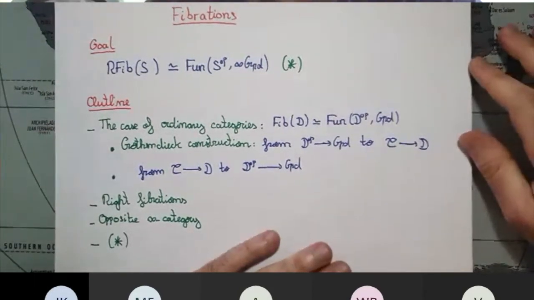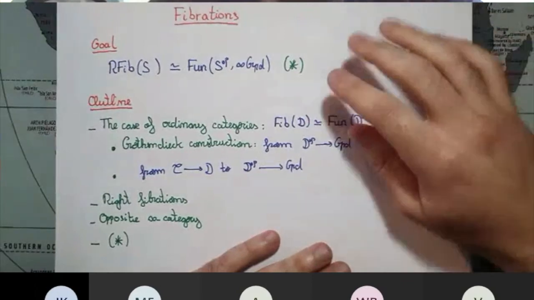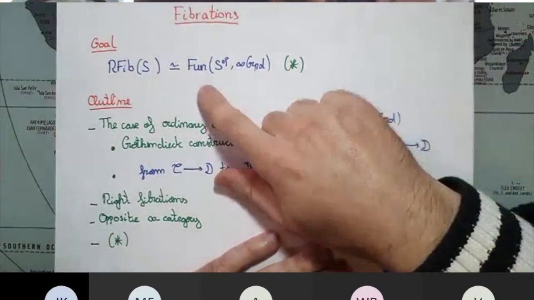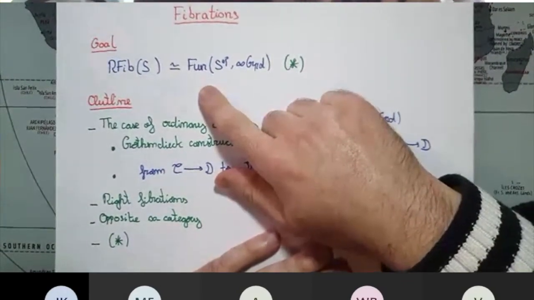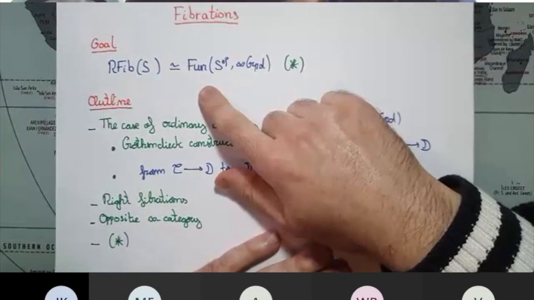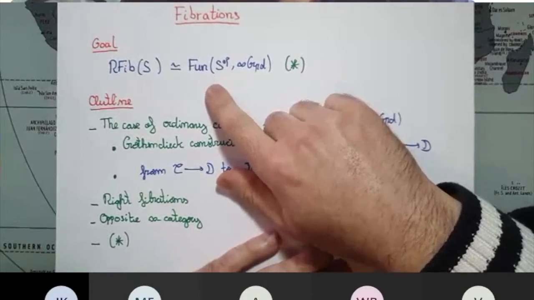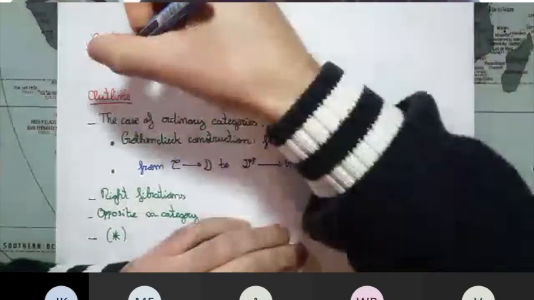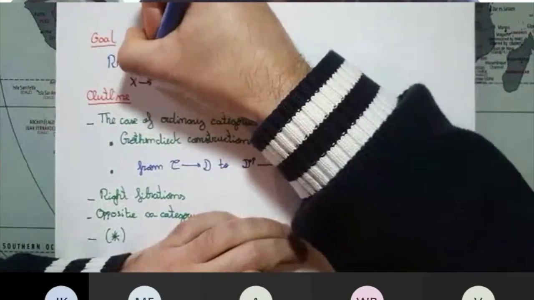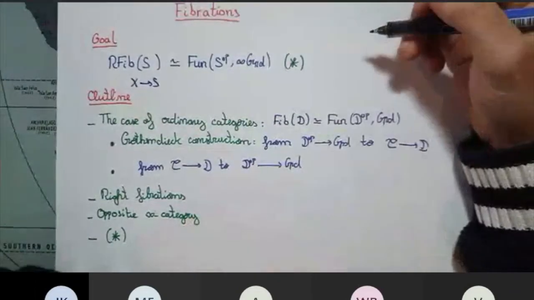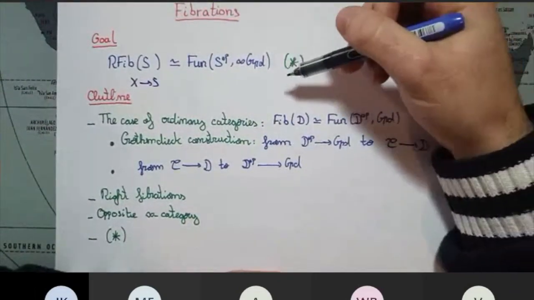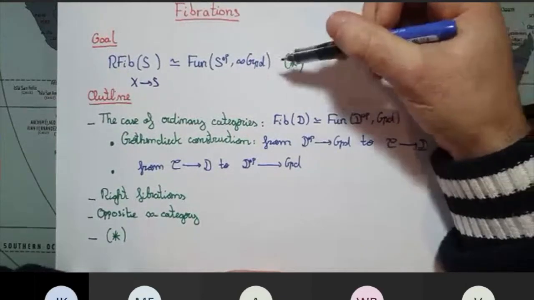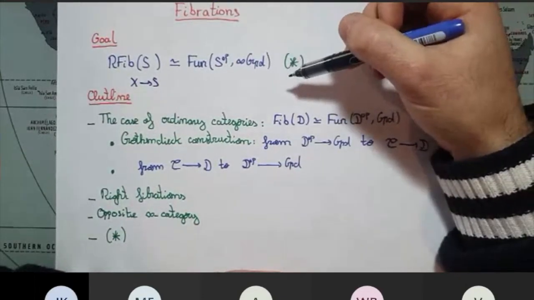Okay, so the goal is to explain the result, which is quite technical. So I will only state it, which says that right fibrations of infinity categories can be classified by functors from S opposite to infinity groupoids.